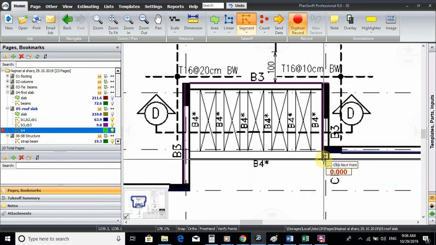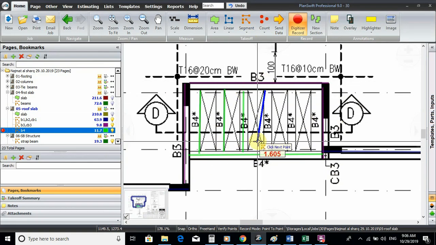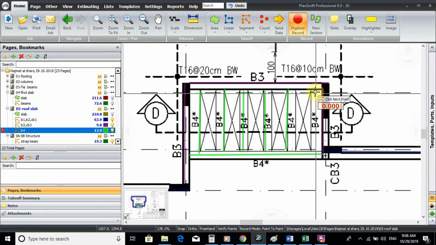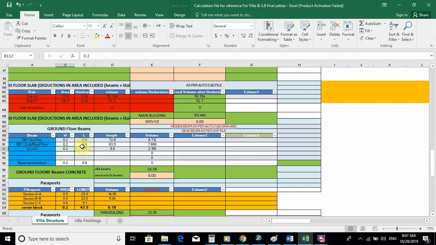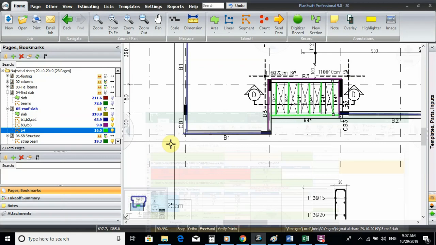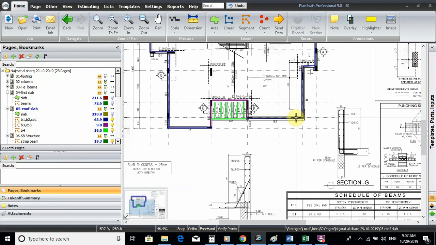Now how much is B4? 16. B4, you have to write for me. I have to know that you have checked all the beams. Okay, this is B4. Where is there another B?